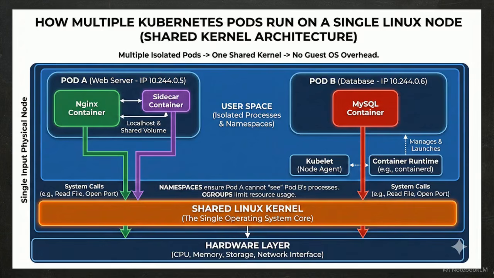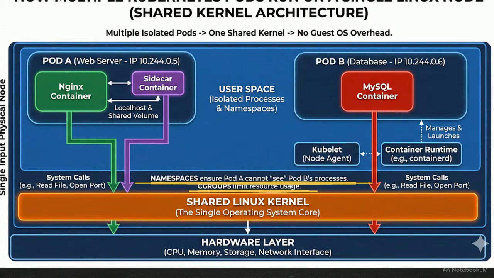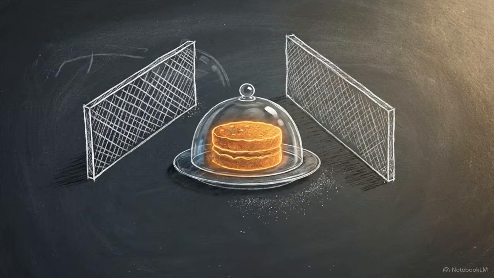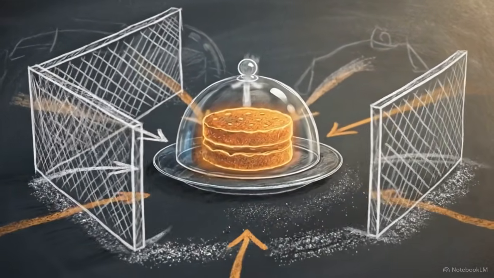If pod A and pod B are sitting on the exact same kernel, we have to ensure they don't interfere with one another. Separation is maintained by two Linux features located just above the kernel, namespaces and cgroups. Namespaces provide privacy by restricting what the pod can see. Pod A thinks it is the only thing running on the machine.